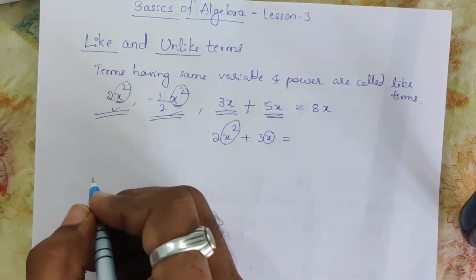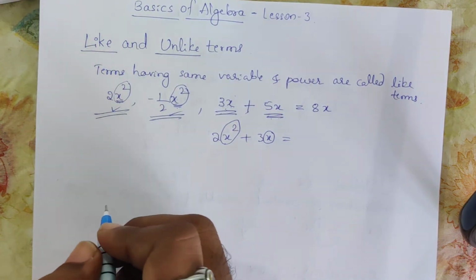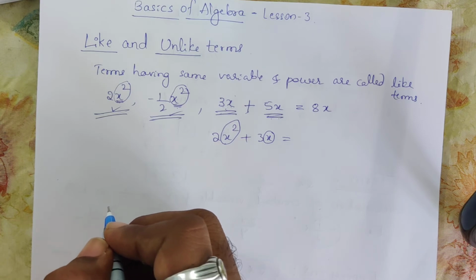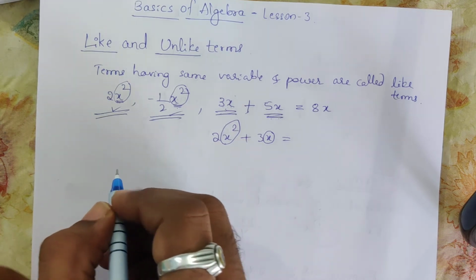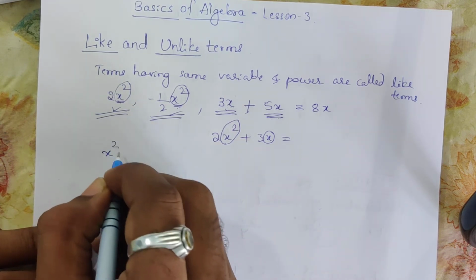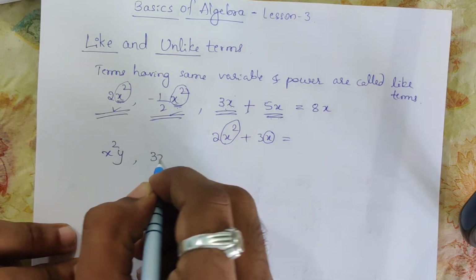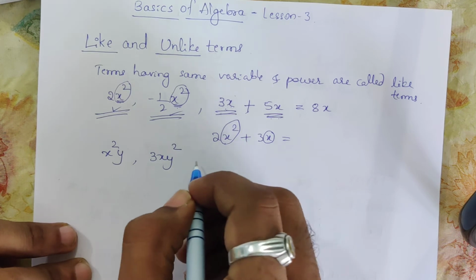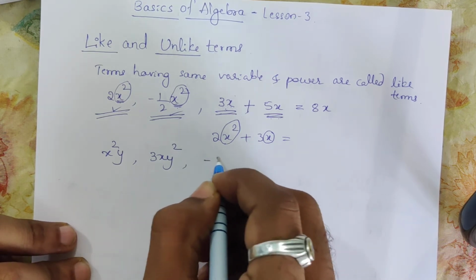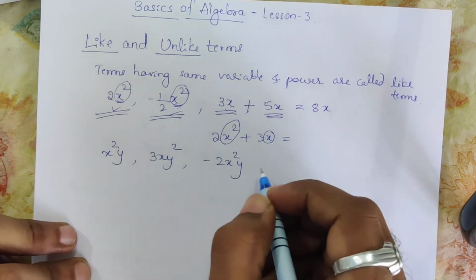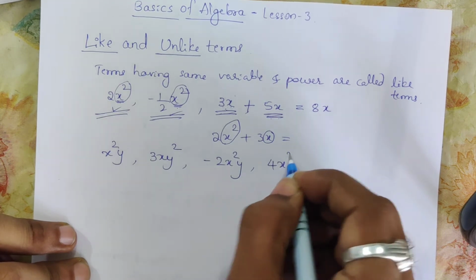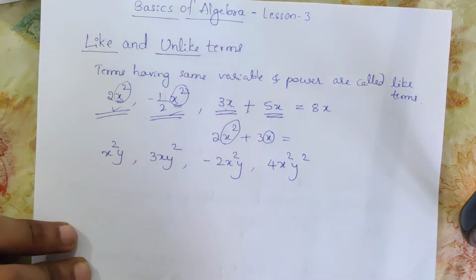I'll give you some examples so that you can separate the groups of like terms. Let's say I write x square y, another one 3x y square, and maybe 2x square y, 4x square y square.